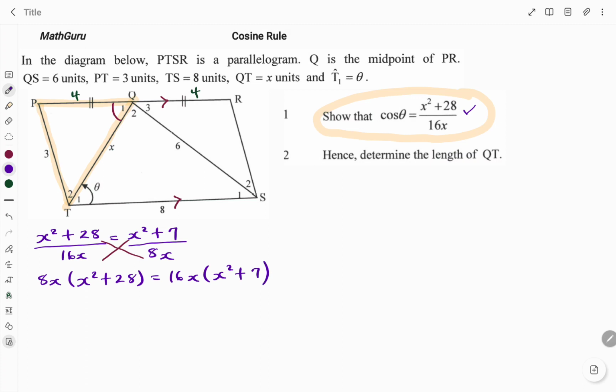So if I expand the bracket, what I have is 8x times x squared. The term outside the bracket multiplies all the terms in the bracket. So that will be 8x cubed plus 28 times 8, that's 224x, equals 16 times x squared, that's 16x cubed, plus 16 times 7, 112x.